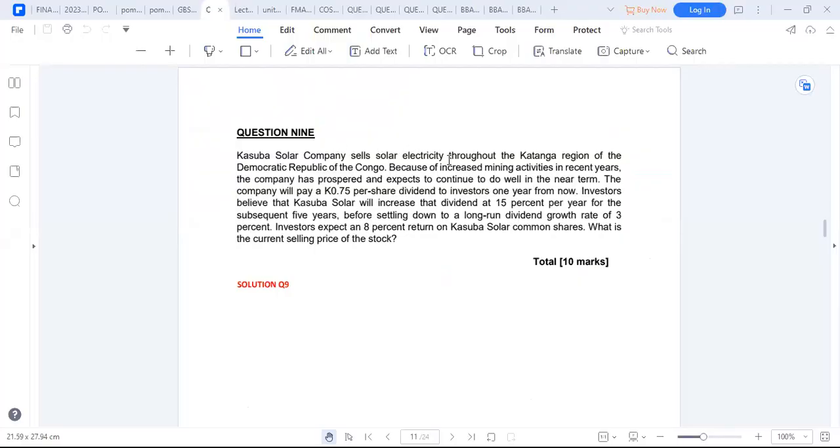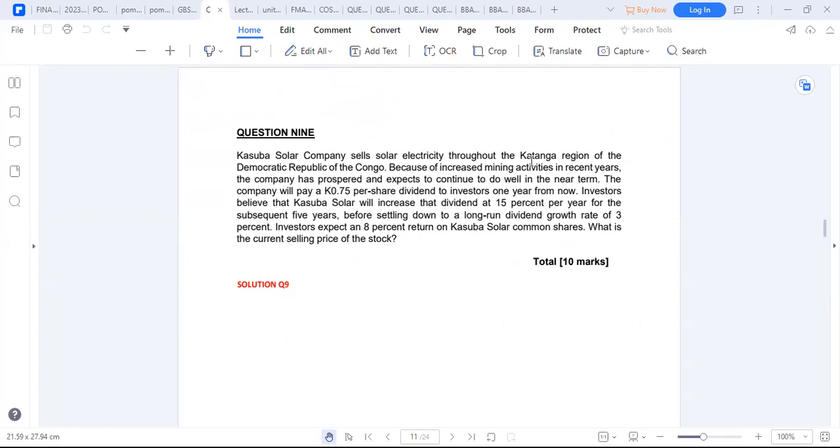Kasuba Solar Company sells solar electricity throughout the Katanga region. Because of increased mining activities in recent years, the company has prospered and expects to do well in the near term. The company will pay 0.75 a share in dividends 1 year from now.